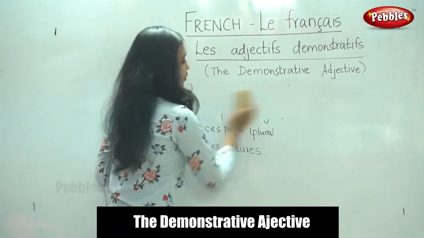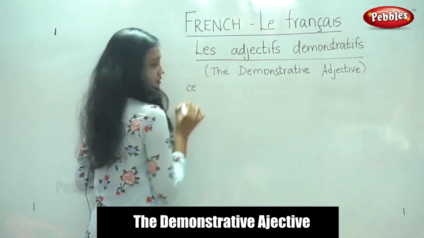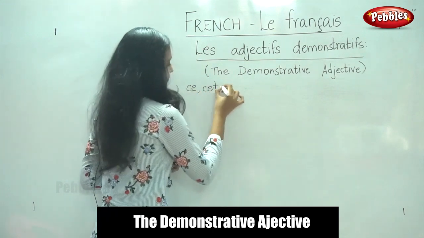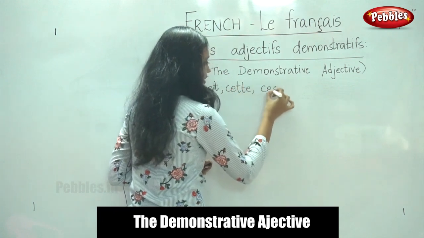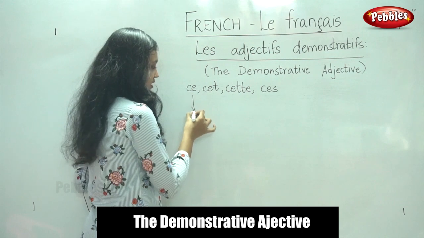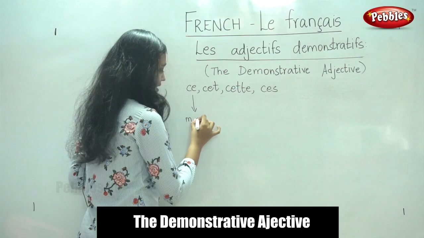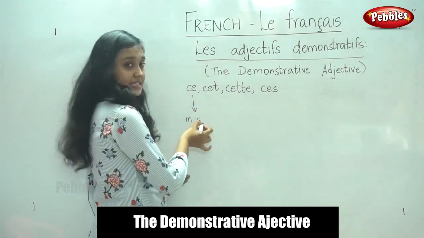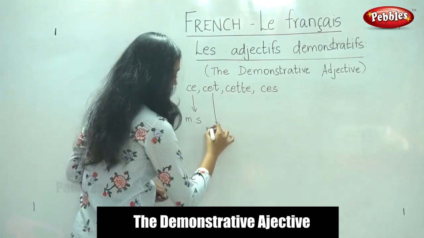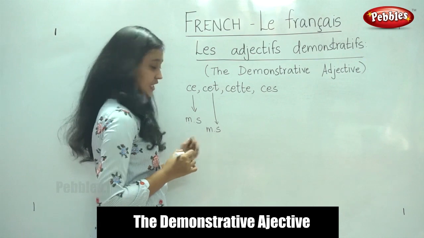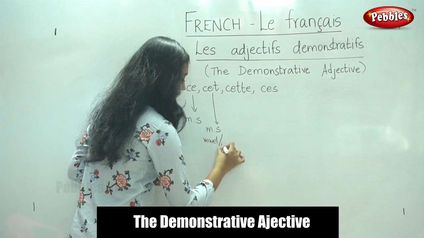Now, what were the four words we learned here? It was ce, cet, cette and ces. Now, where did we use ce? We used it before a noun that was masculine singular. And cet, we used it before a noun that is masculine singular beginning with a vowel or H mute.